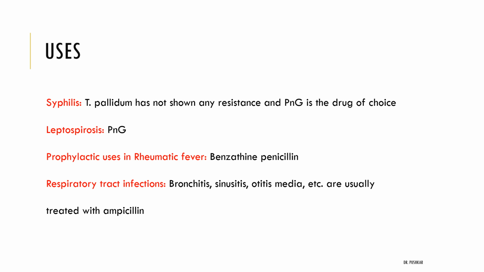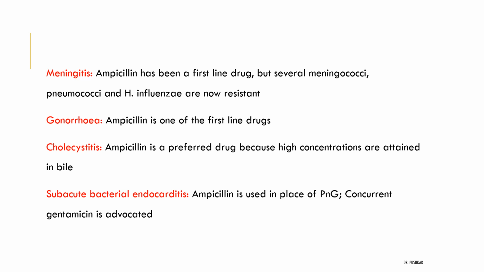So let's see the uses of these penicillins. We know that in syphilis, penicillin G or PNG is the DOC, as well as in leptospirosis, and in the prophylaxis of rheumatic fever. All these are some important uses of PNG. In respiratory tract infections, including bronchitis, sinusitis, or otitis media, ampicillin is very commonly used. Some other important uses of ampicillin are meningitis, then gonorrhea, cholecystitis, SABE, subacute bacterial endocarditis.